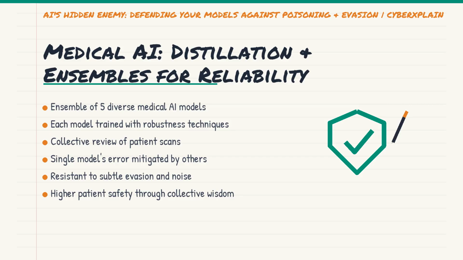If an attacker tries to inject an adversarial pattern into the scan to trick one model into a false positive, the other 4, with their slightly different learned patterns, are likely to catch it and vote correctly. The final diagnosis, based on this collective wisdom, would be far more reliable and resistant to both subtle evasion attempts and noise, ensuring higher patient safety. This layered approach is key.